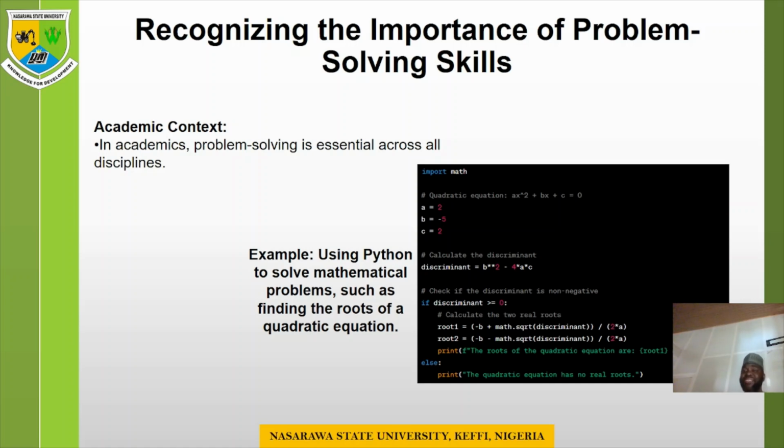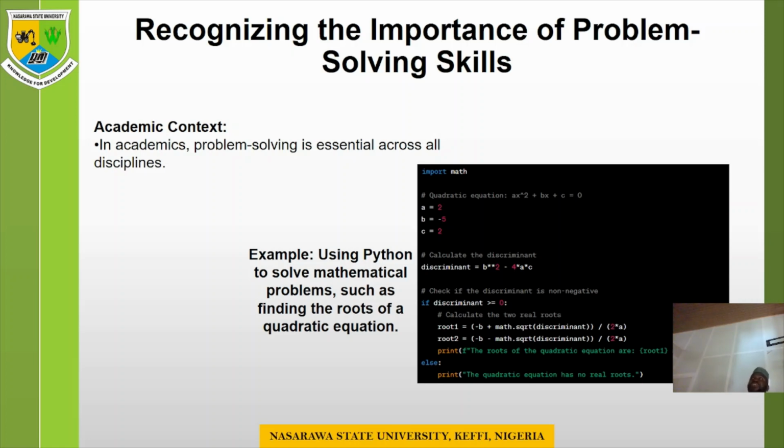Because of that, you need to find a variable, so we define the variable as the discriminant. So find the value of the discriminant, which is b squared minus 4ac. If this discriminant is greater than or equal to 0, we can go ahead to find the roots of the equation, which give us x1 and x2.